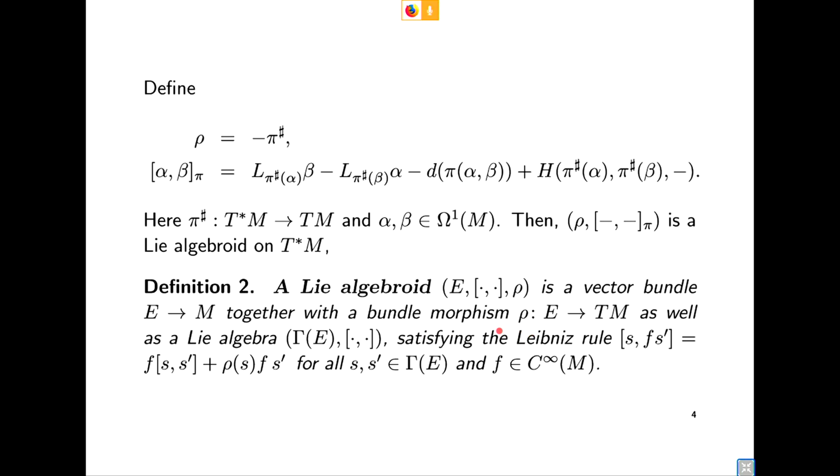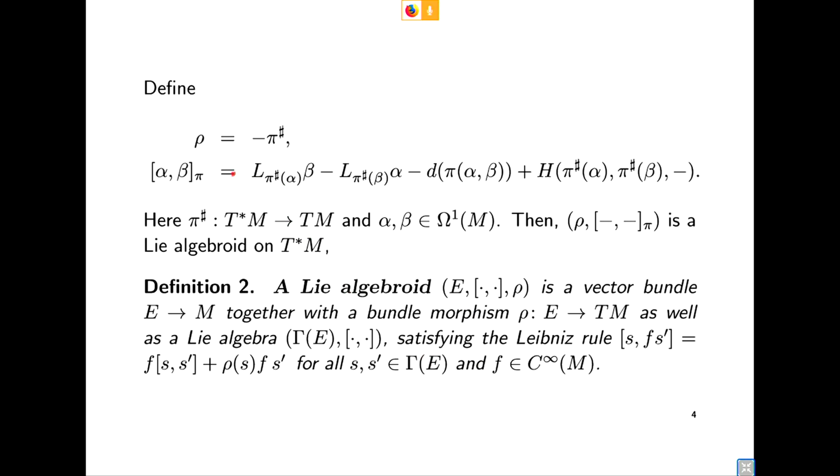One operation is the so-called anchor map ρ, a bundle map from E to the tangent bundle TM, and the bracket satisfies the so-called Leibniz rule, this equation. In this case, this is called a Lie algebroid.